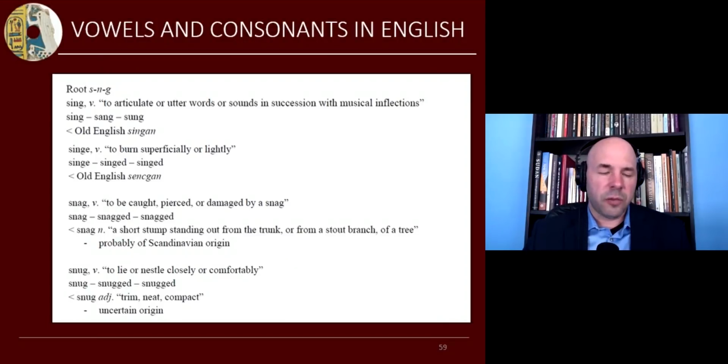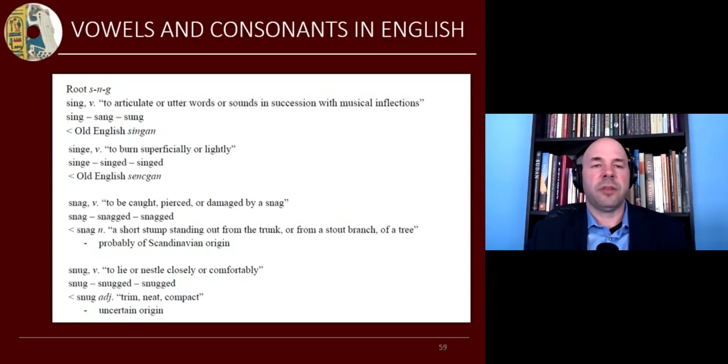And like we saw with the rebus principle, you might at first look at this consonantal structure and think that it's maybe unusual if you haven't encountered it before. But notice that we're already doing this in some ways, even in English. So for example, we have roots like sing, sang, sung. But then we also have similar consonantal roots like singe and singed, or snag and snagged, or snug and snugged.